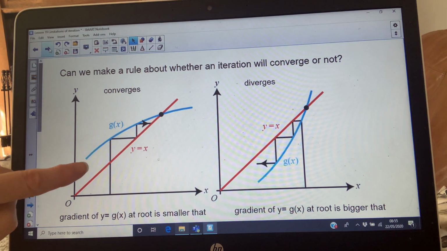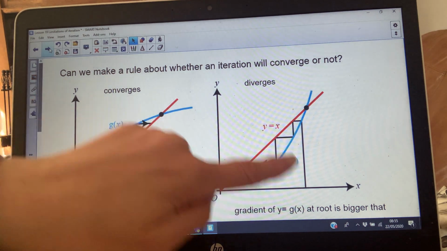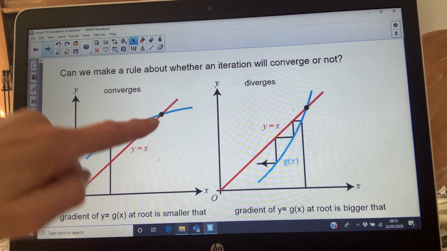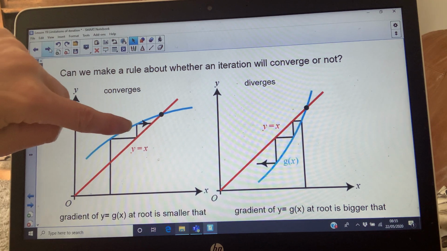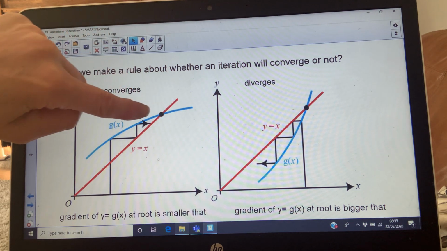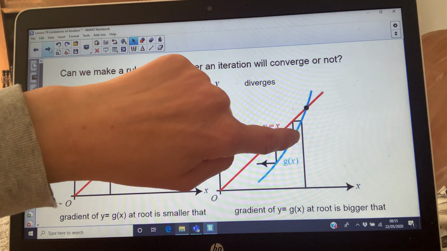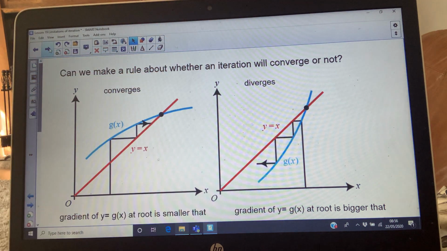Here, this converges. You can see it converges to the root. Here, it's diverging. It's not working. So what do we notice? Well, what we notice is that at the root, the gradient of this function isn't that steep. But here, the gradient of this function, the blue function g of x, is much steeper.